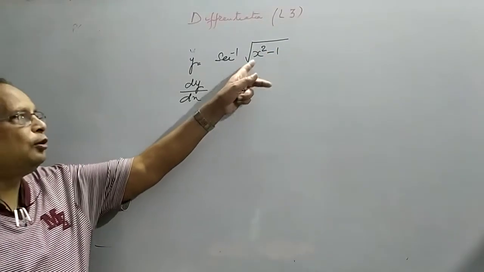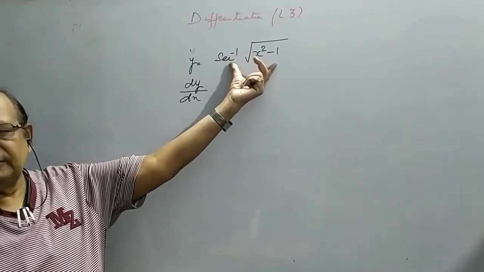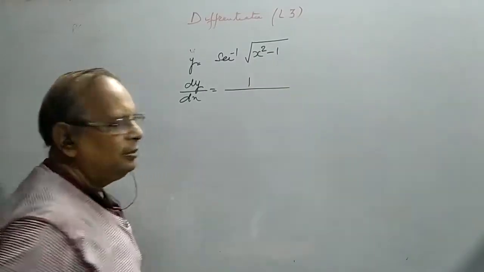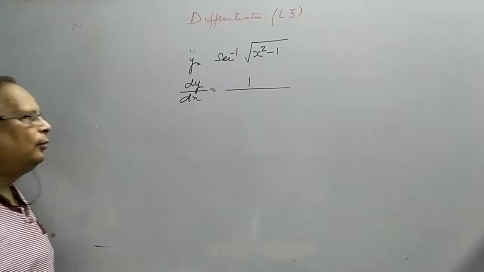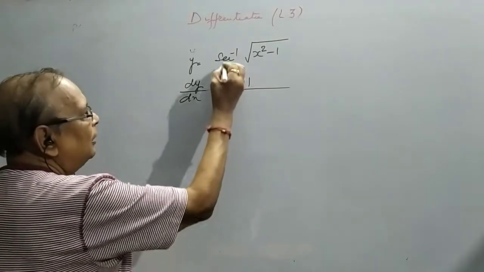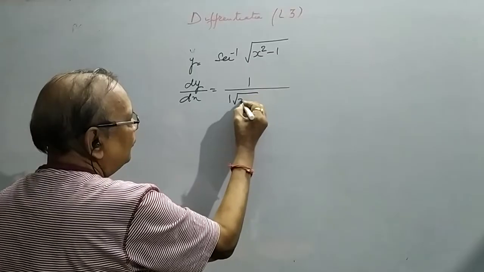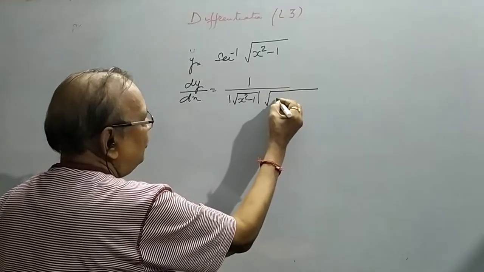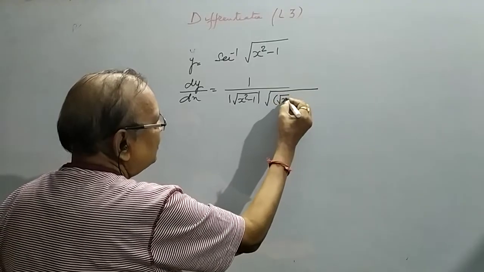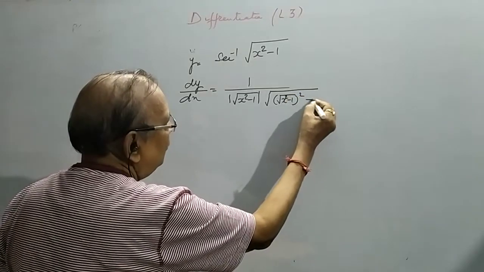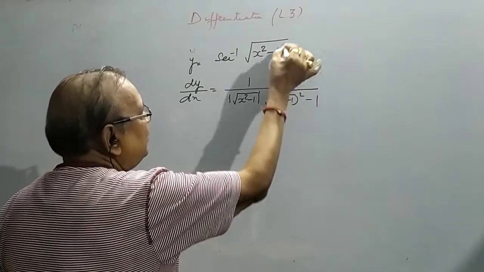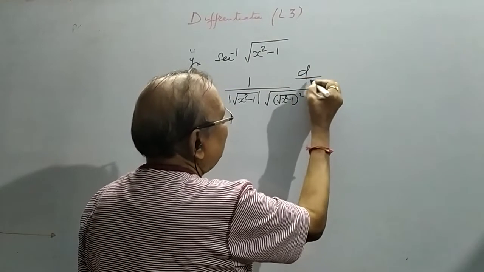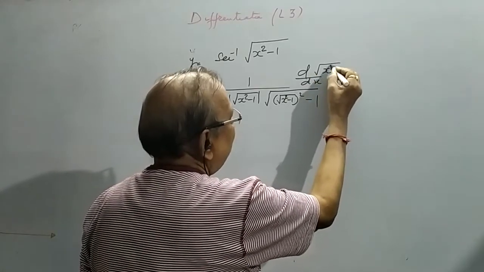That is being replaced, so you may assume this whole factor as t. Now we might be knowing the differentiation of sec inverse x is 1 upon mod of x under root x square minus 1. So mod of this, under root x square minus 1 means under root x square minus 1 whole square minus 1. And now what is in place of x, that is under root x square minus 1, d by dx of under root x square minus 1.